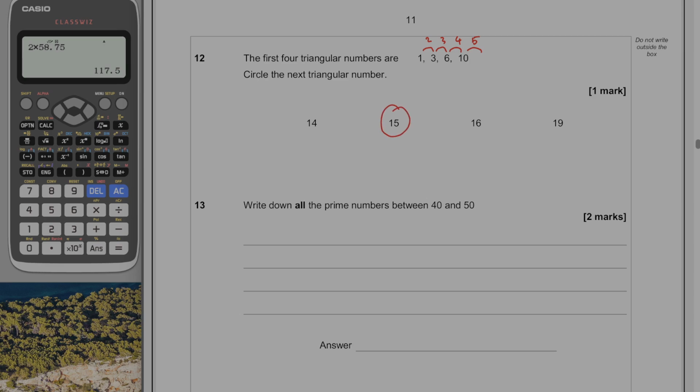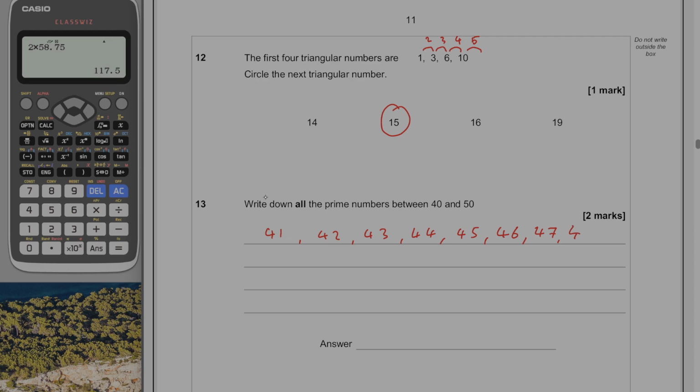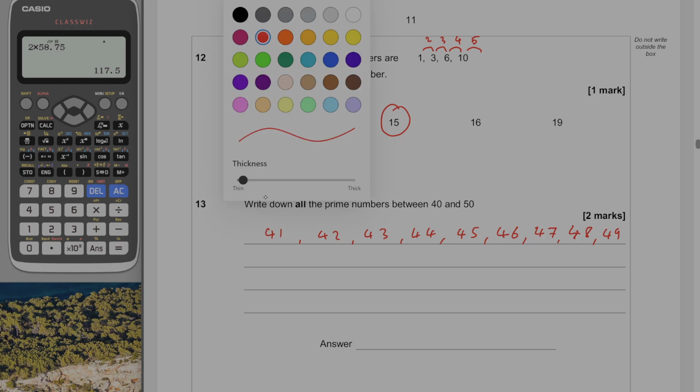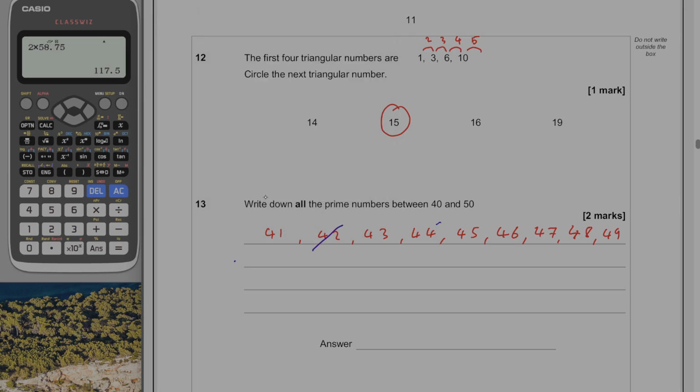Write down all the prime numbers between 40 and 50. So I'll list them all out to start with: 41, 42, 43, 44, 45, 46, 47, 48, 49. Right, I'm just going to do a quick check. Get rid of all my even numbers.